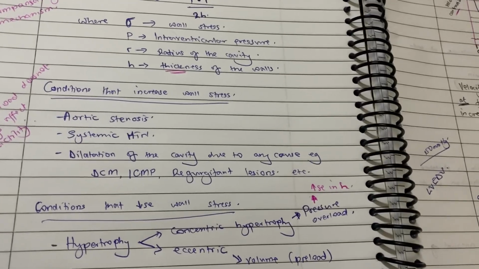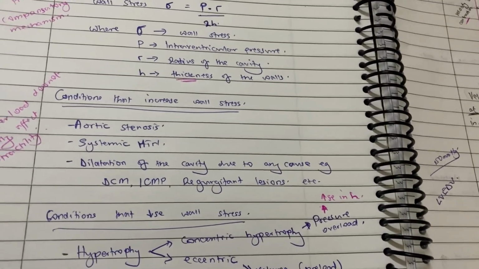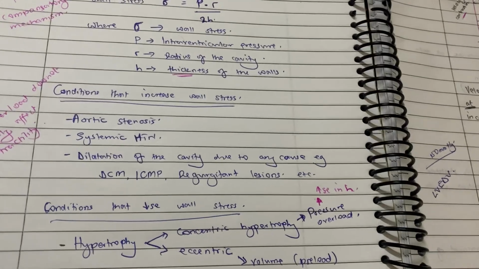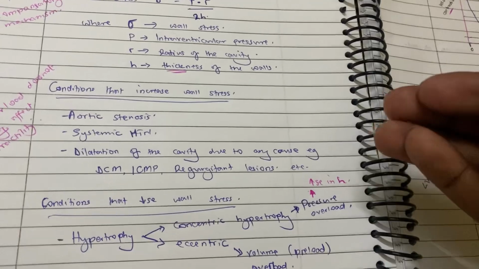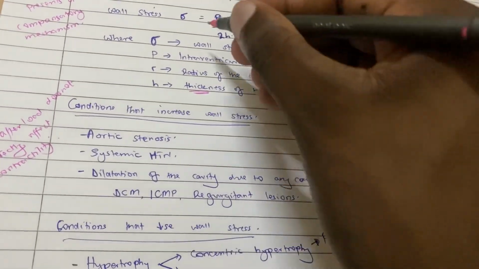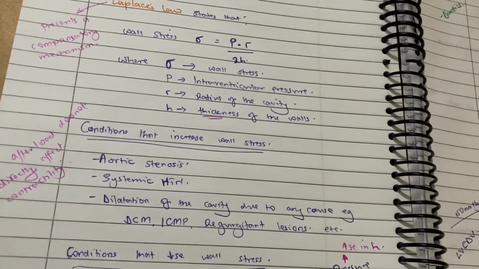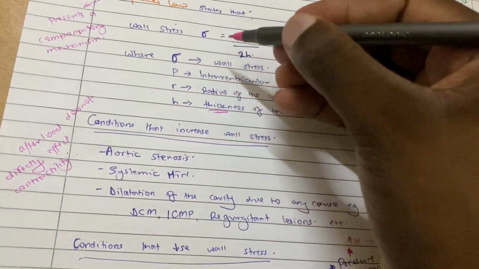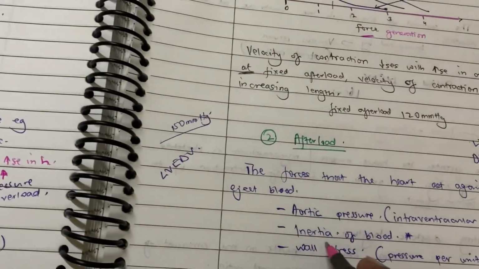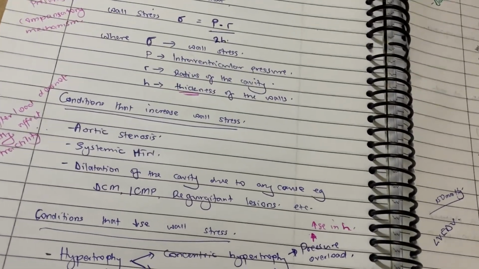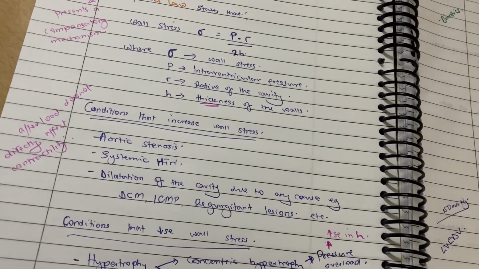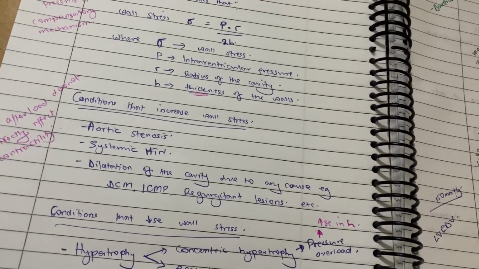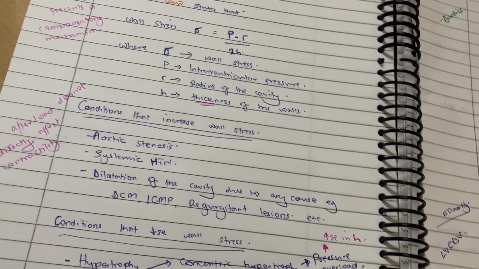Then for volume overload, it is eccentric because the heart appears big. It dilates only to accommodate extra volumes of blood. And now that will make this third component here, inertial forces, very significant to start moving that blood, with the same or even reduced wall thickness. So stress there will be high.